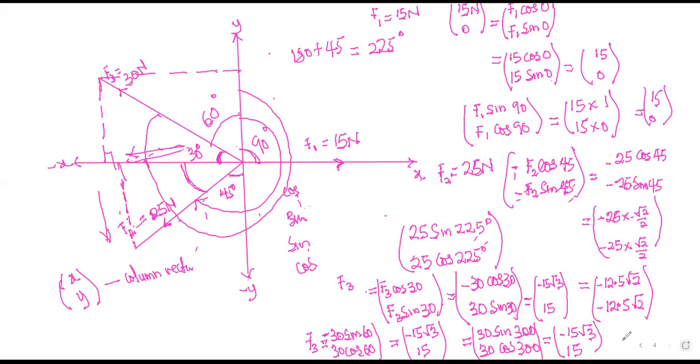Now, after getting the components, let's quickly finish this. Summation of all Fx. Pick the x component in 1, plus the x component in 2, plus the x component in 3.